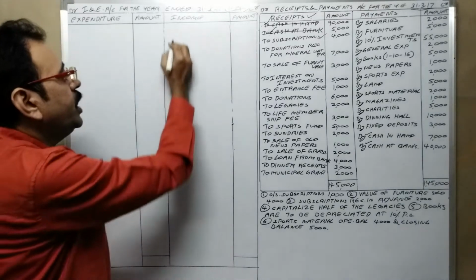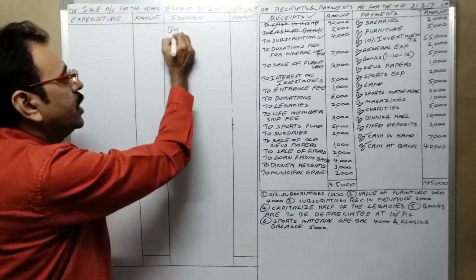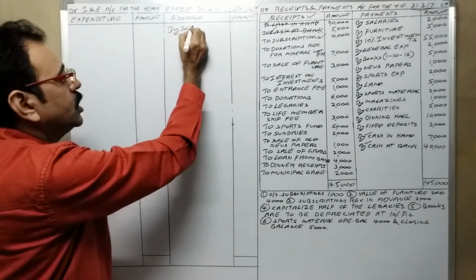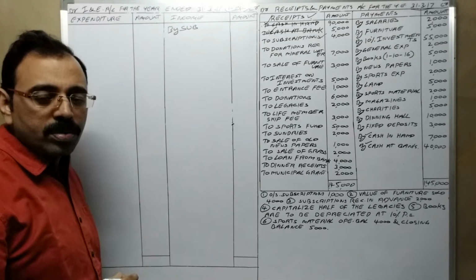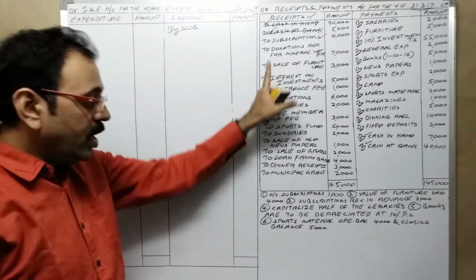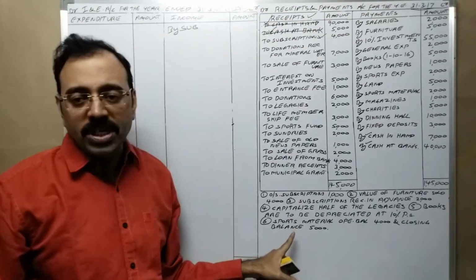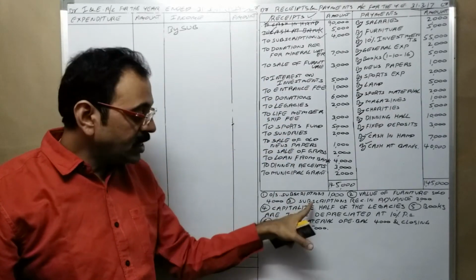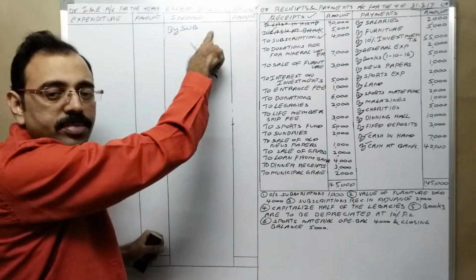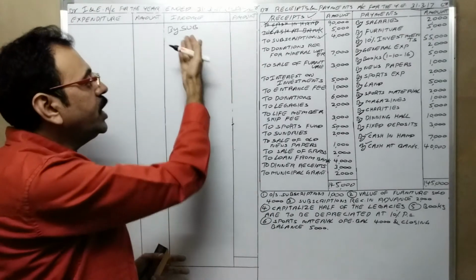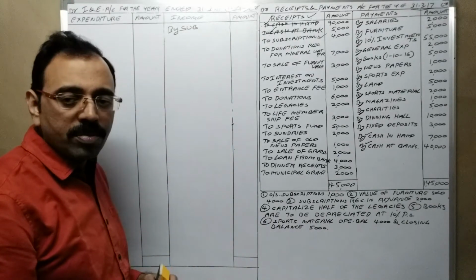Therefore, it should be taken in credit side by subscriptions. While writing the amount, once you have to verify any adjustment is given in the question. If there is any adjustment, then write down the amount in inner column. If there is no adjustment, directly you can write in outer column.